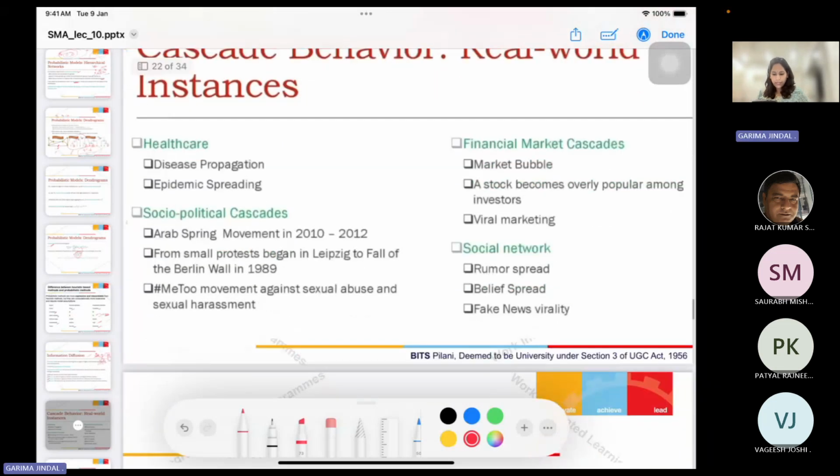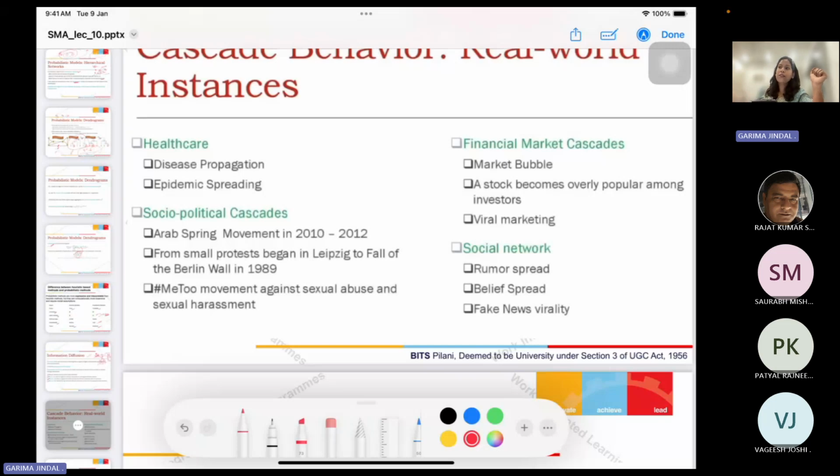The same is the case with epidemiology spreading. Then comes social political cascades. If you have political parties and you want their propaganda to spread fast, just like the advertisement example, you need to choose the right people to spread your word.